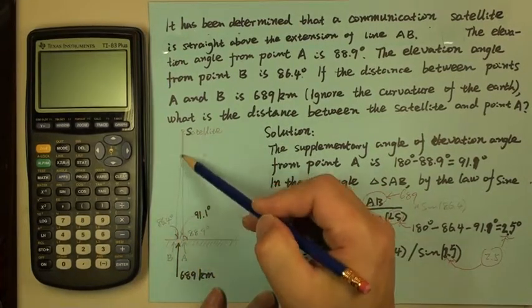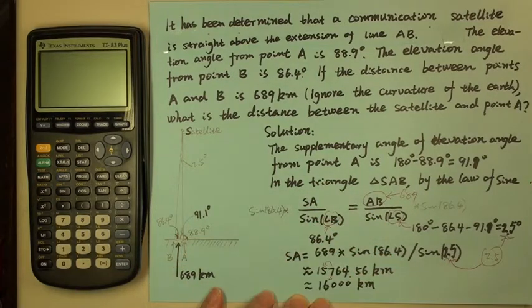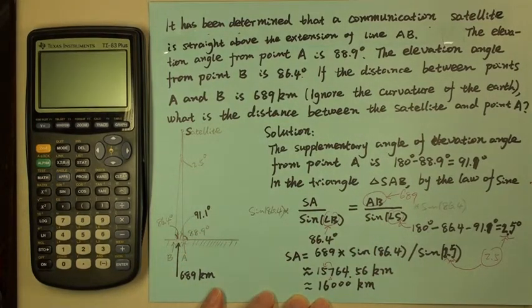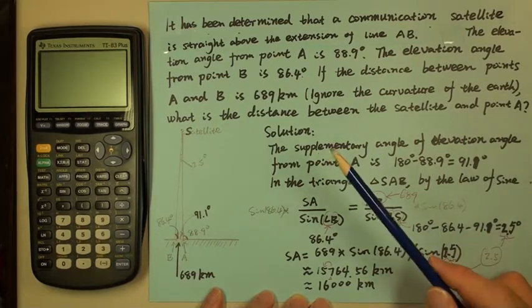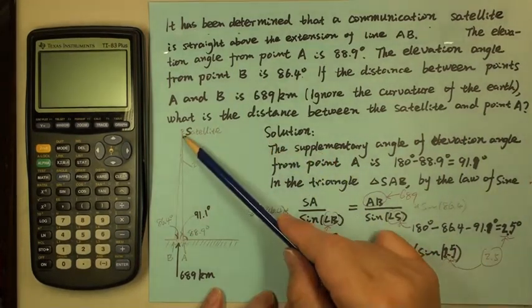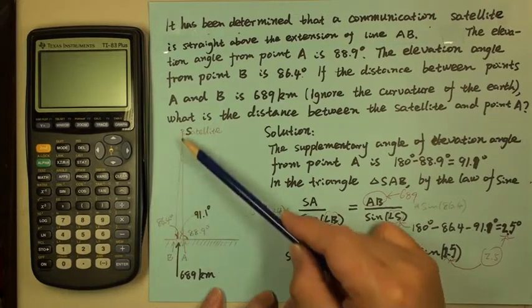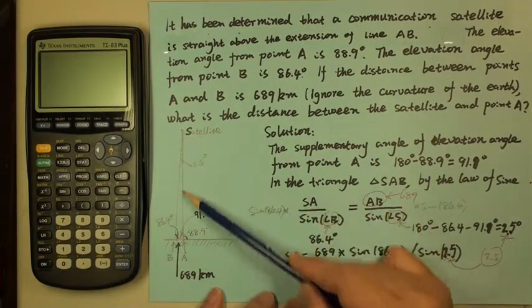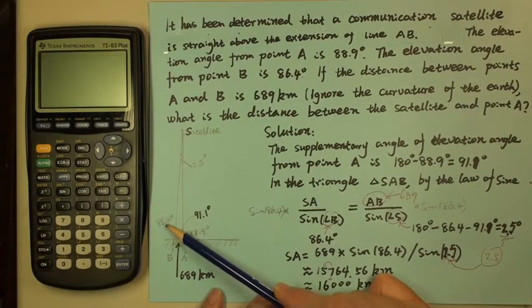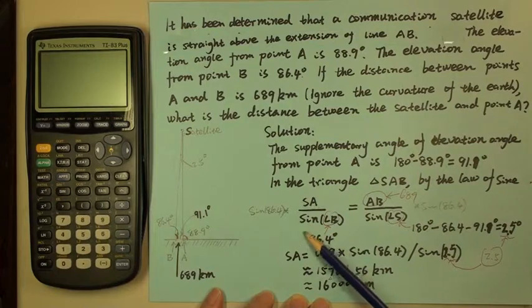Then how are we going to find out this side? So we've got to use the law of sine. Look. SA, this length, over sine 86.4 degrees.